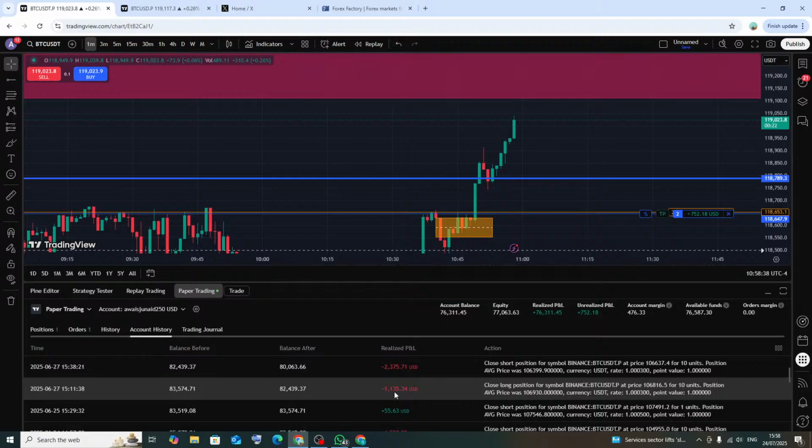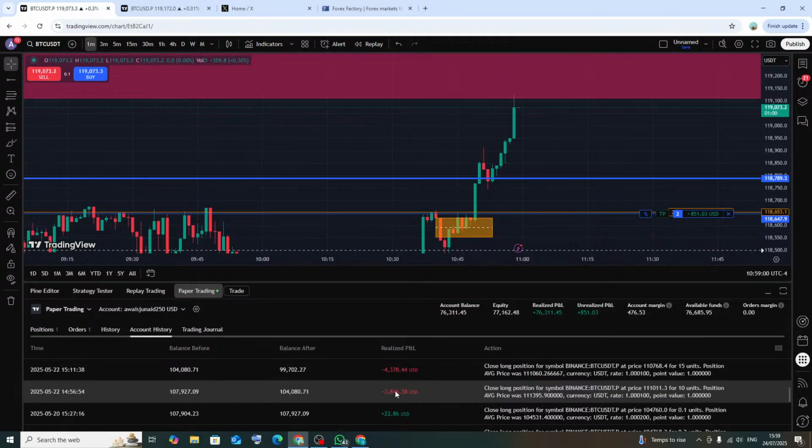Oh my goodness. 7,000. 4,000, 4,000, 3,000. I don't know how I survived on this account. It should have been liquidated all the way. See, these are small losses. I've lost up to 7,000 in one trade, more than 7, maybe approximately 8,000.